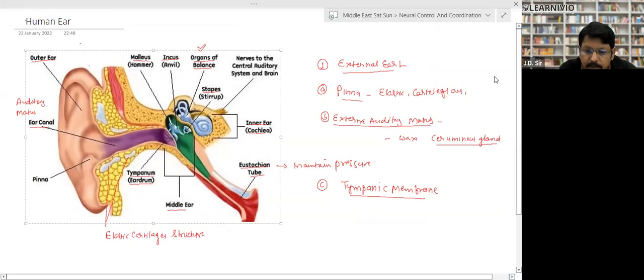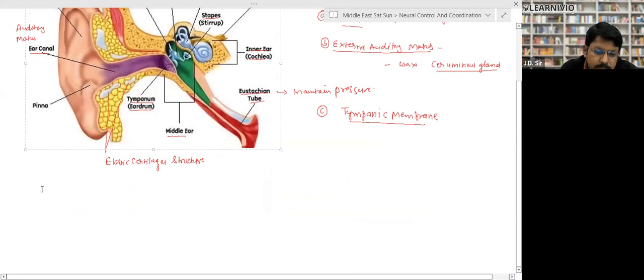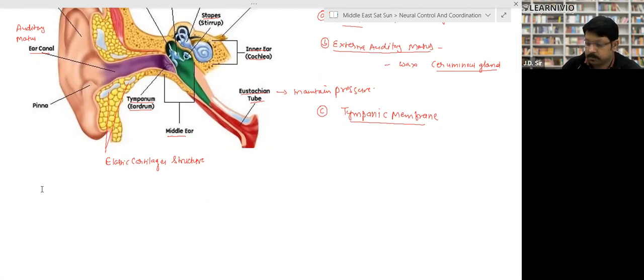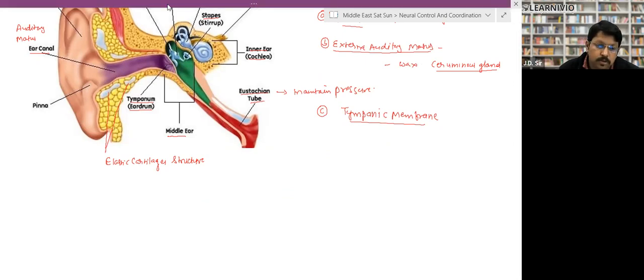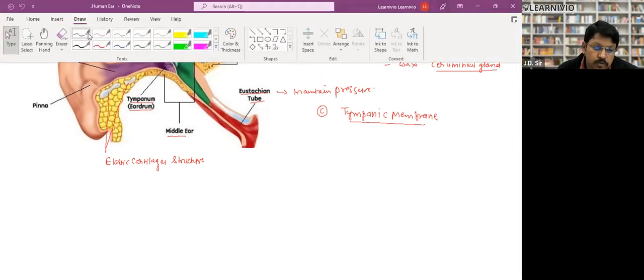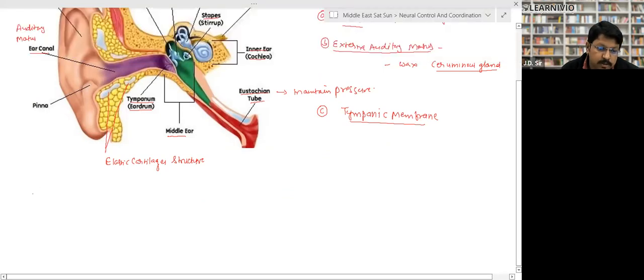Put the heading middle ear. The second part is the middle ear.